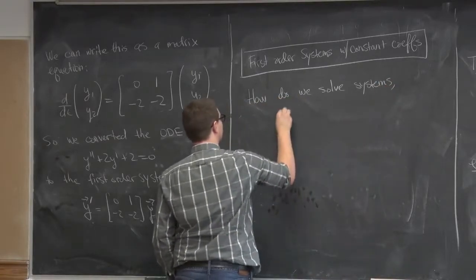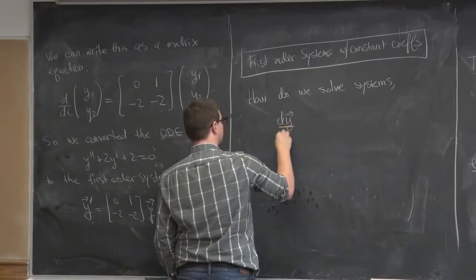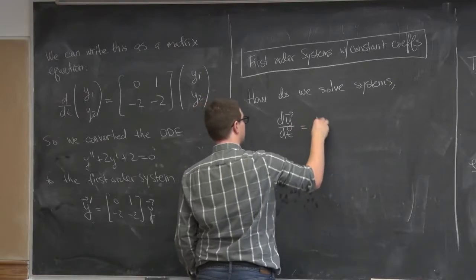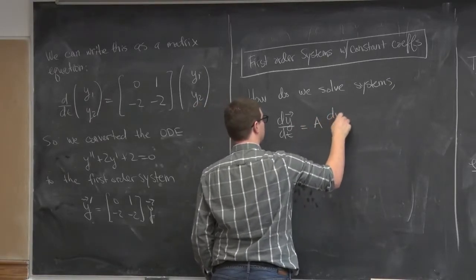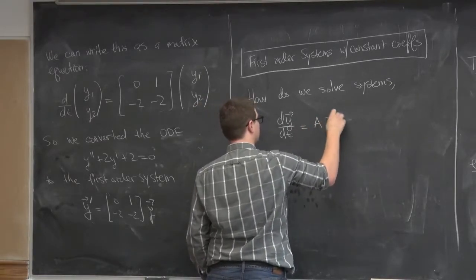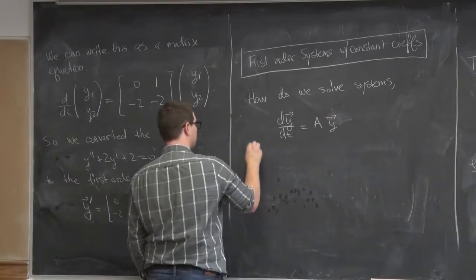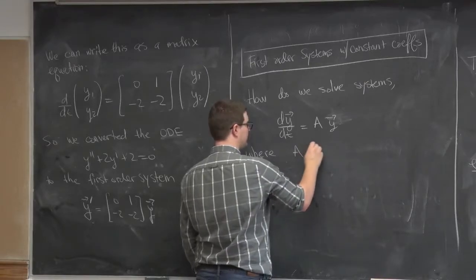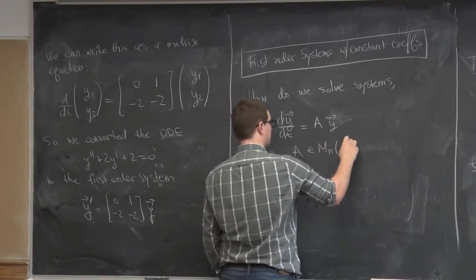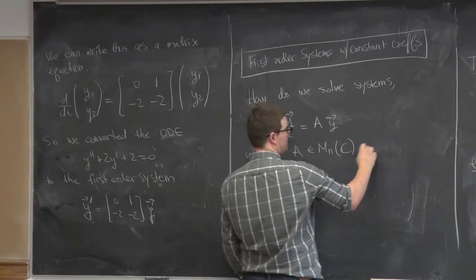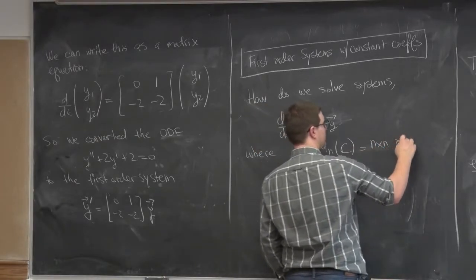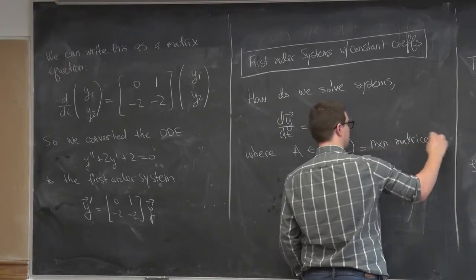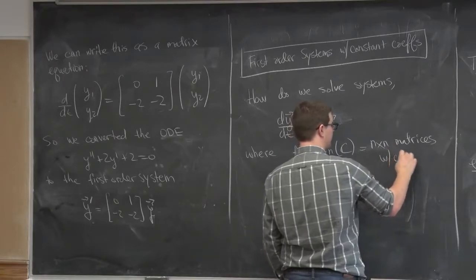So we get something like dy/dt is equal to Ay, where A is an element of C, so these are n by n matrices with constant coefficients.